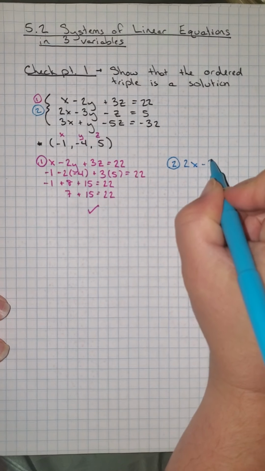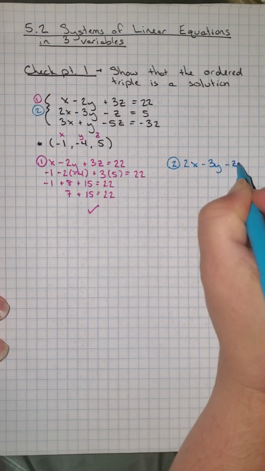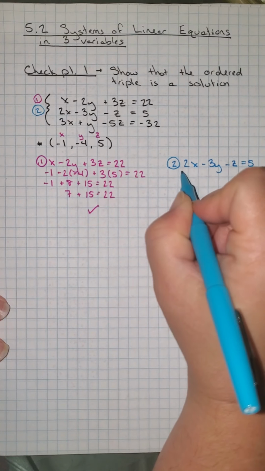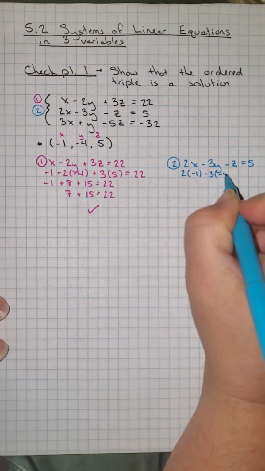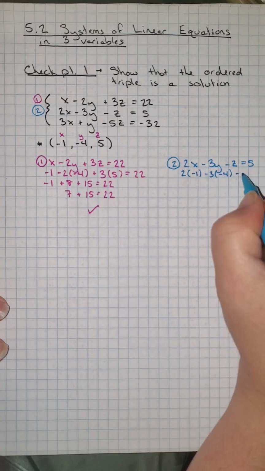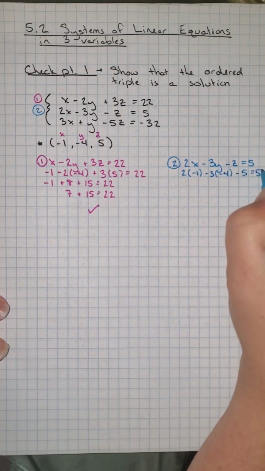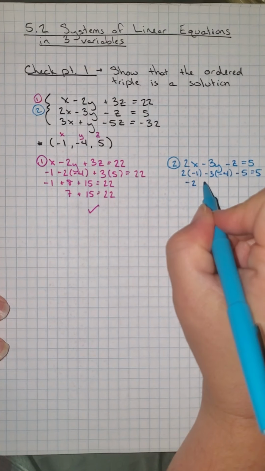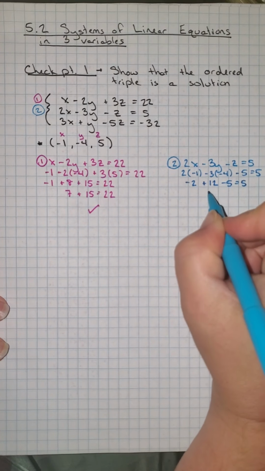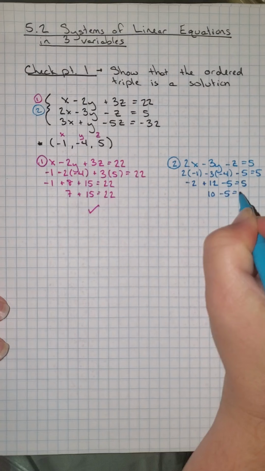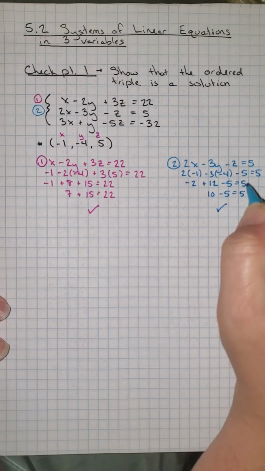So 2x minus 3y minus z equals 5. So 2 times -1 minus 3 times -4 minus 5, does it equal 5? So -2 plus 12 minus 5. That's 10 minus 5. Does it equal 5? Yep, it sure does.